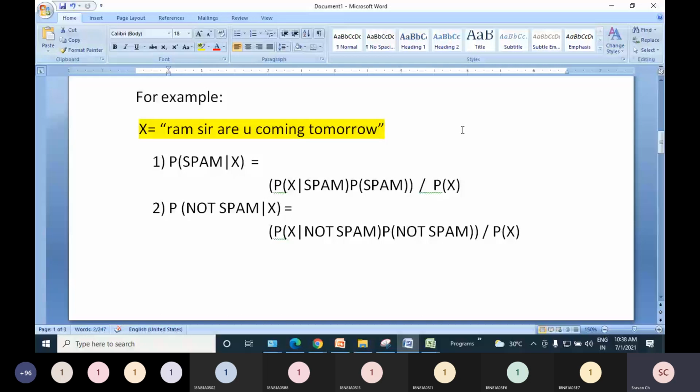In the inbox, how many categories do you have? You have personal, primary, and you can create your own tabs like promotions, forums, updates, etc. Into which particular tab an email should go will also be decided by these kinds of Bayesian classifiers which are being used in the background.